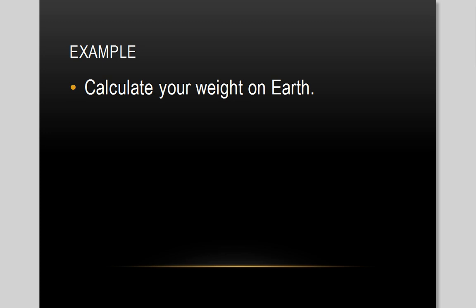So calculate your weight on Earth. You probably don't know how much you weigh in kilograms. As a friendly estimate, I'm 205 pounds. You can do your weight if you like. Some of you could probably guess your weight in pounds. Just divide by 2.2 and you get your kilograms.